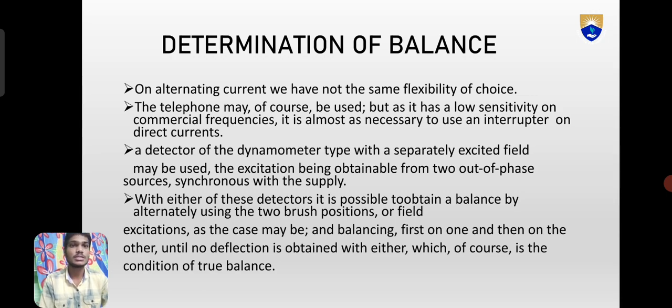With either of these detectors it is possible to obtain a balance by alternately using the two brushes or fields, excitation as the case may be, and balancing first on the one and then on the other until no deflection is obtained with either, which of course is the condition of true balance.